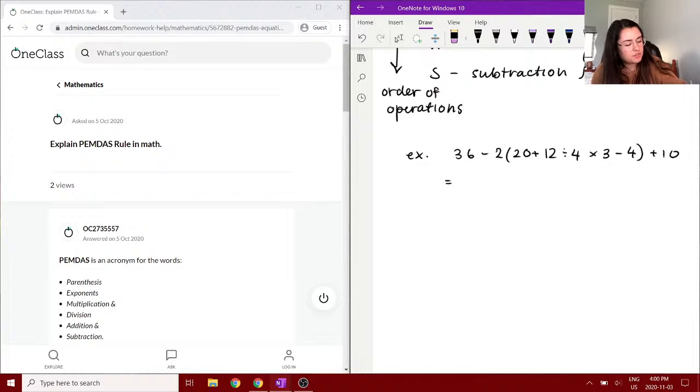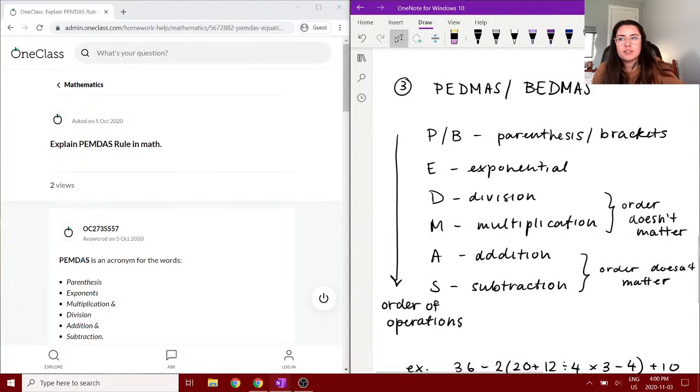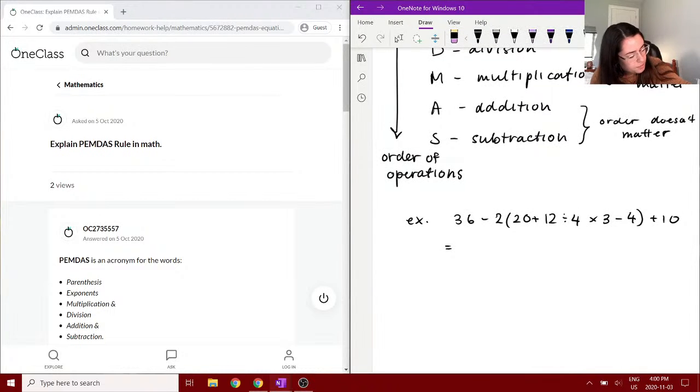So because of a rule that says PEMDAS or BEDMAS, we want to work on brackets first. So that means we have to work on everything that's inside the brackets before we touch this 36 or the 10, for example. We're going to start inside the brackets.